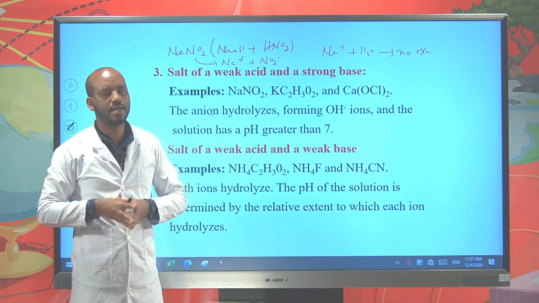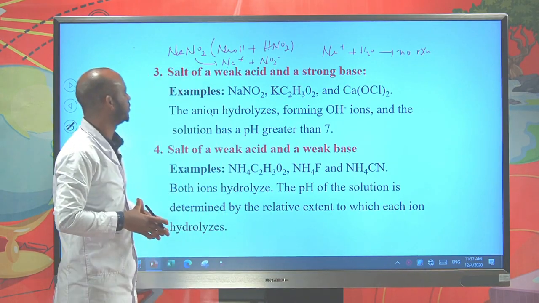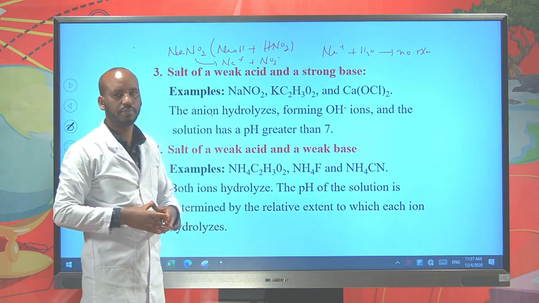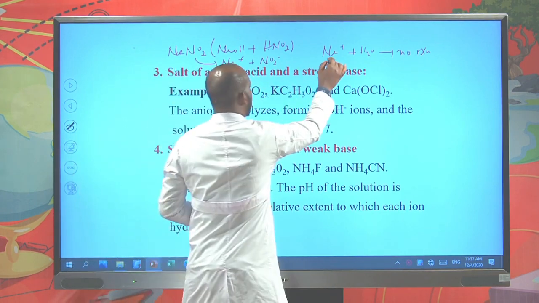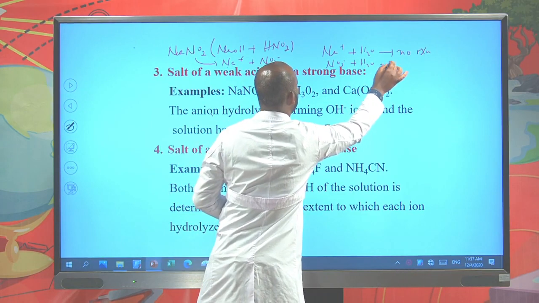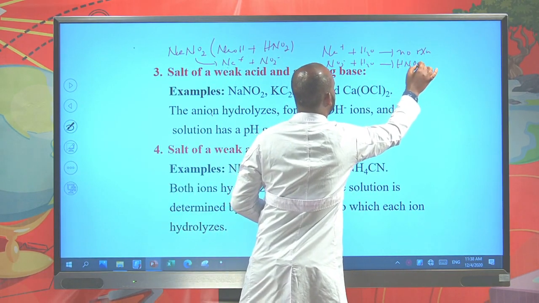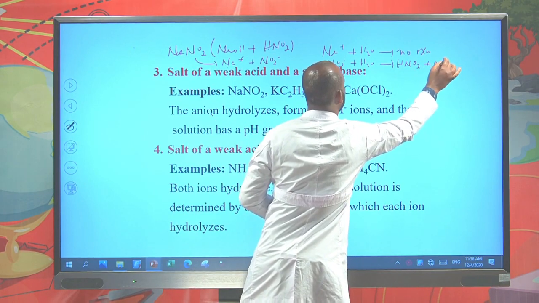Cations of alkali metals and alkaline earth metals do not react with water. Nitrite ion reacts with water: NO2 minus plus water gives nitrous acid, HNO2, plus OH minus.